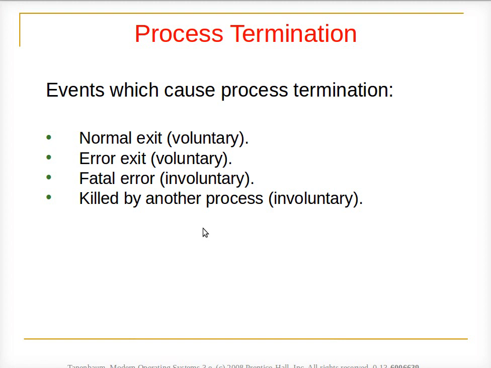In that case, it core dumped, because the kernel said you are not allowed to do that, so it involuntarily terminated the process that was trying to do ugly things to the memory. And finally, other processes can kill processes that they do not like to run, or that they need to terminate externally, from the outside.